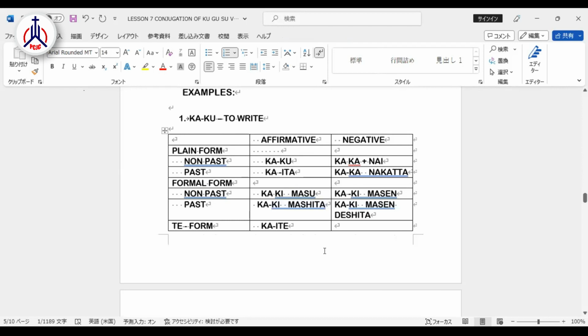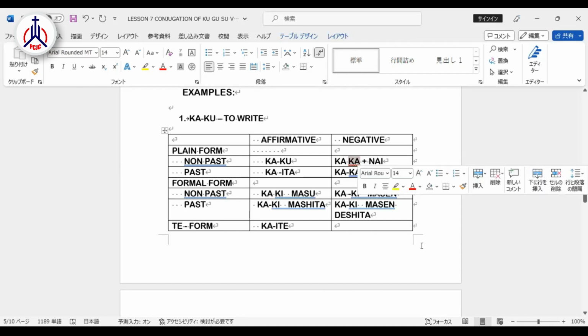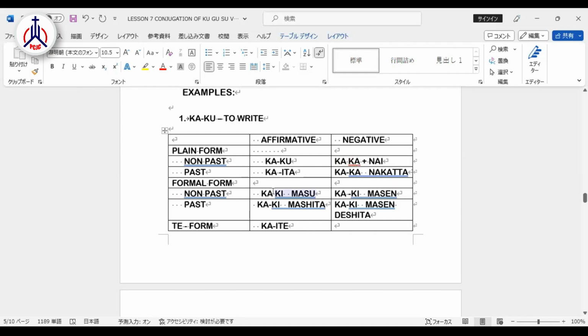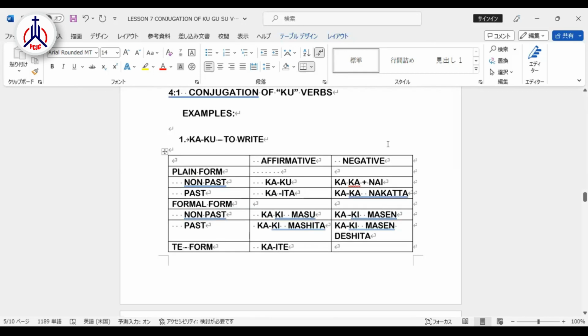The same with the rest of the verbs. The ku becomes ka plus nai, and here the ku becomes ki plus masu. The A series that we are talking about, and then the I series. And then all are the same.